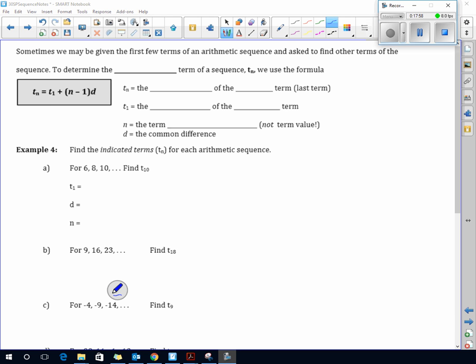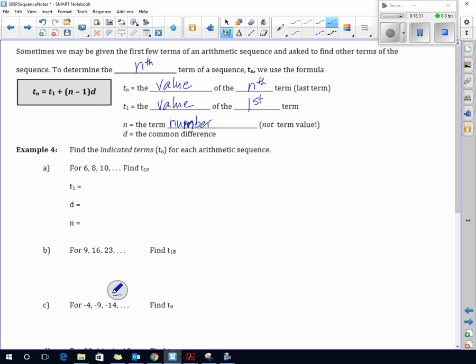Tn is the value of the nth term, and T1 represents the value of the first term. N is the term number, not the term value. I didn't spell number right. There you go. N represents the term number, not the term value.